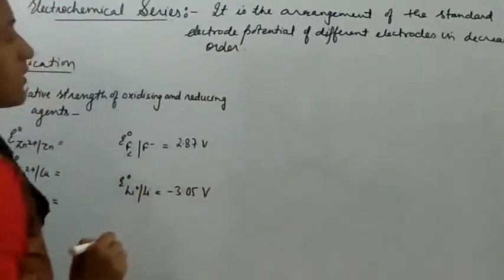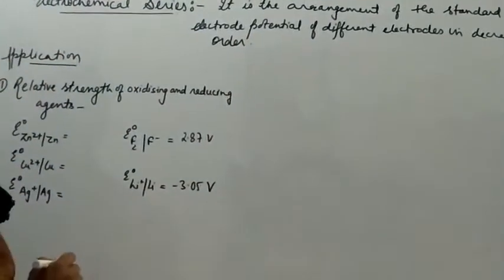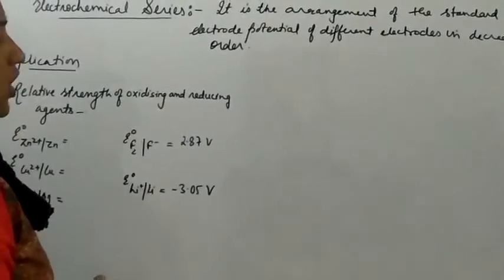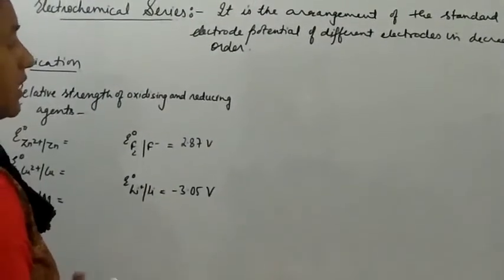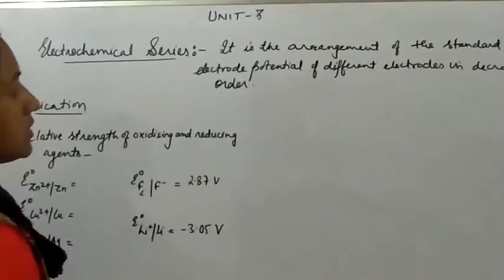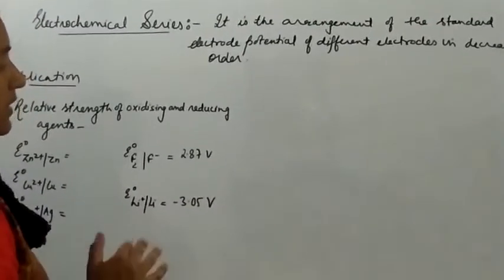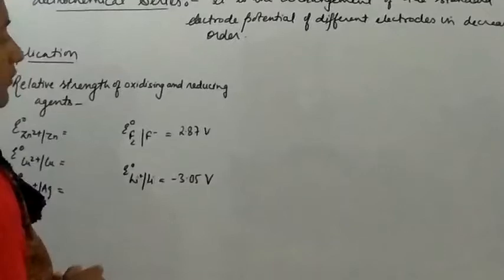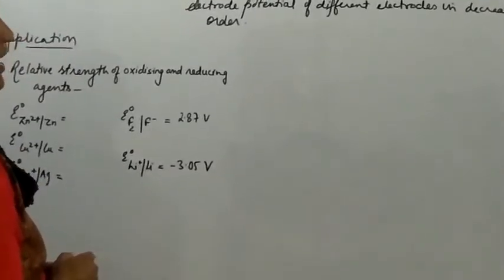So in decreasing order means that the metal whose standard electrode potential is highest will be at the top, and the one whose value will be least will be placed at the bottom of the table or the electrochemical series.